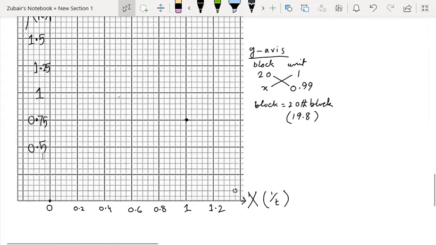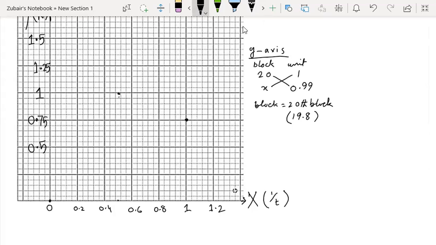So 5, 10, 15, 20, somewhere here, and that was 0.5. 0.5 is here. So if we go like this, this should be nearly this one, just below the line. Okay, so I think this is enough for this one.